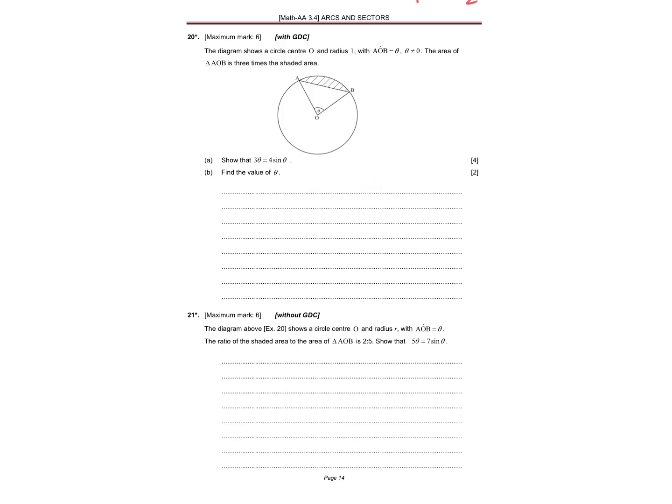And then we have that is 3 times the shaded area, which is the area of the sector, 1/2 r squared theta, minus the area of the triangle, which is 1/2 r squared sine theta.